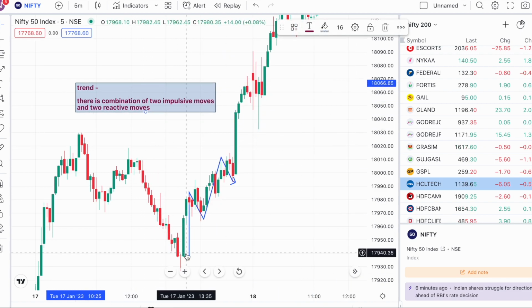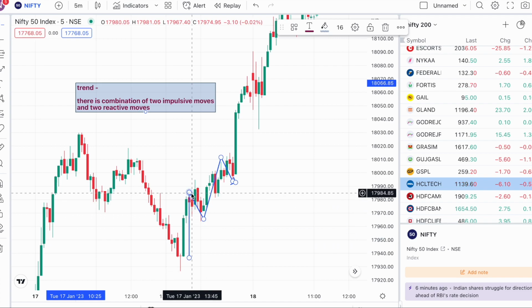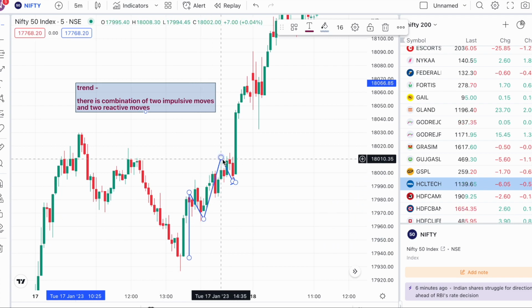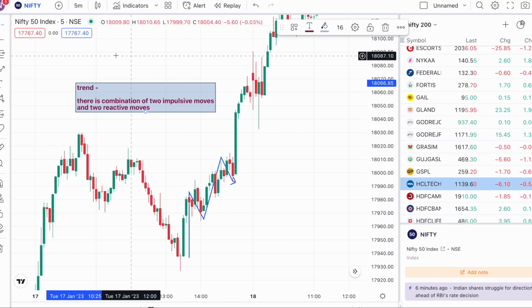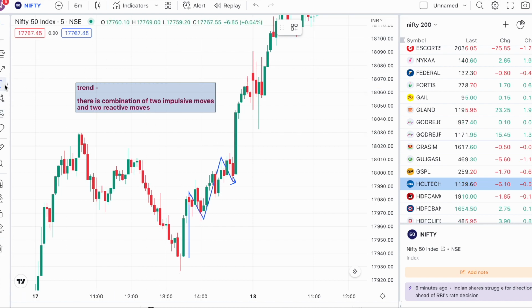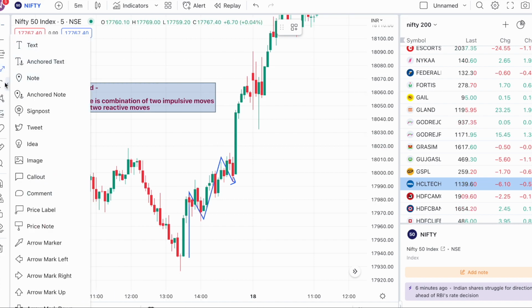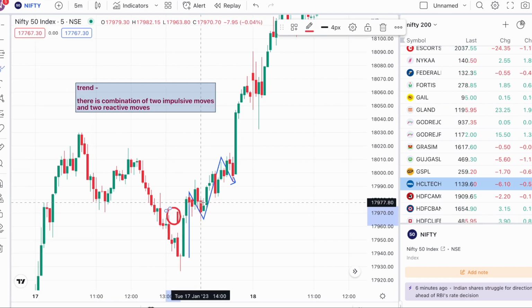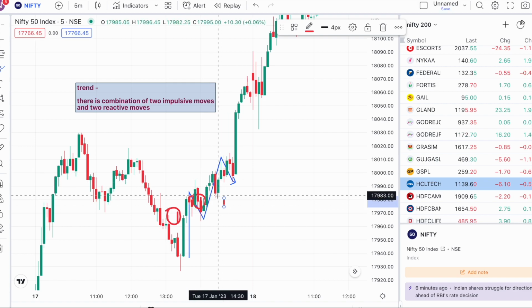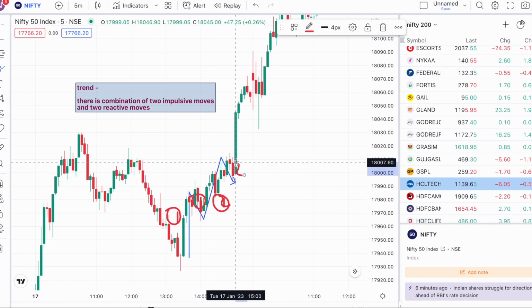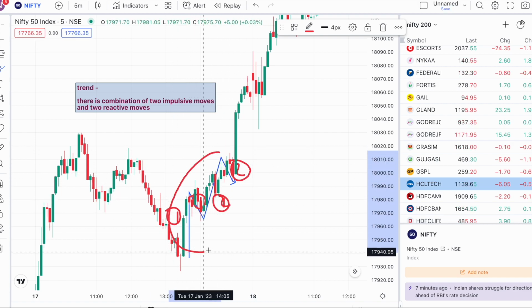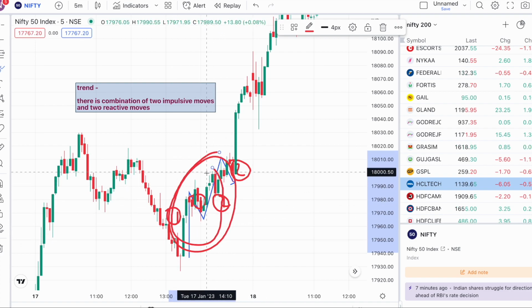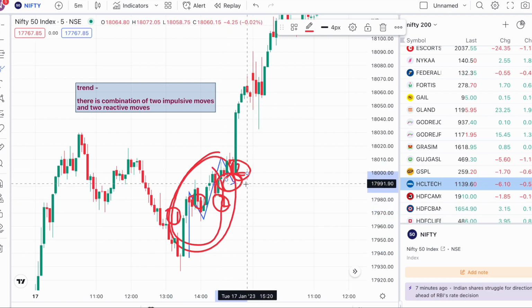So if you can see over here, impulsive move followed by reactive move, impulsive move followed by reactive move. This is the first impulsive move, this is the first reactive move, this is the second impulsive move, this is the second reactive move. As soon as we have got a combination of two impulsive and reactive moves, we will confirm that a trend has been established.